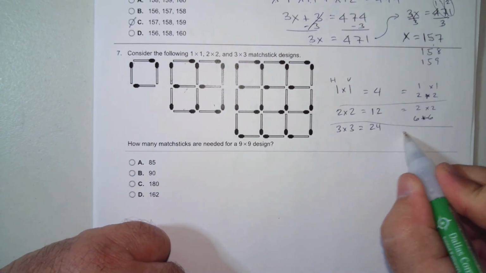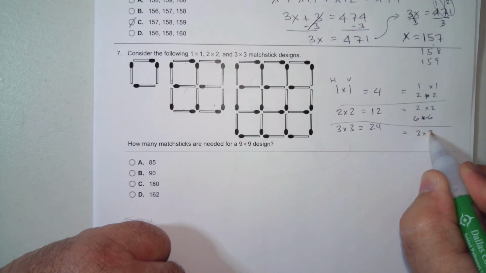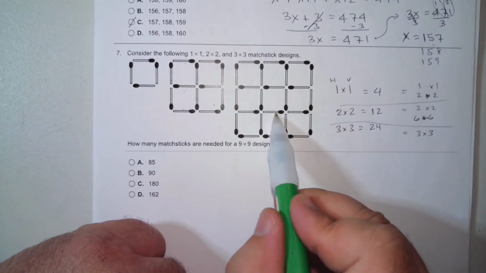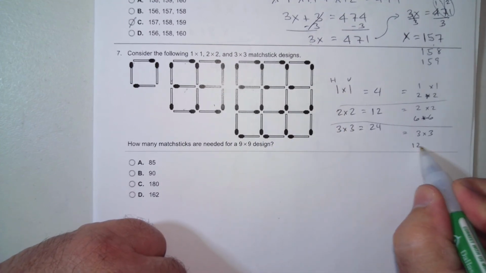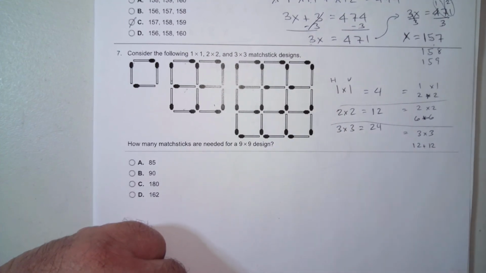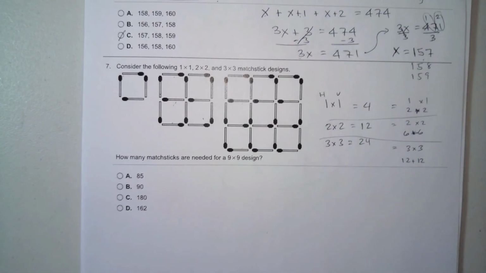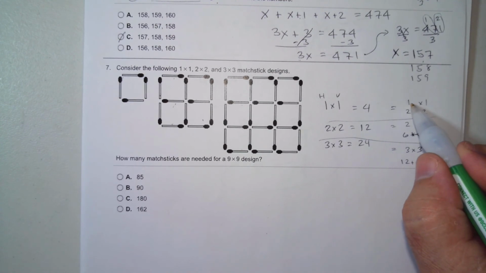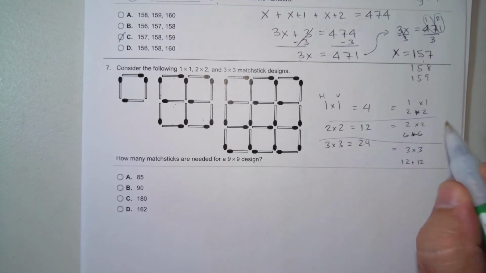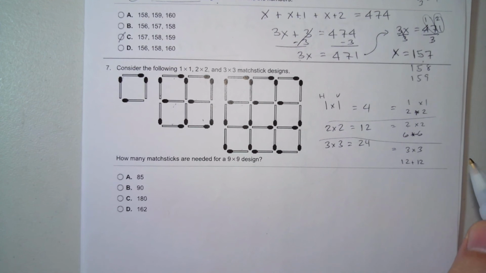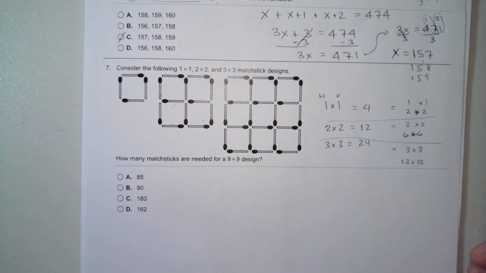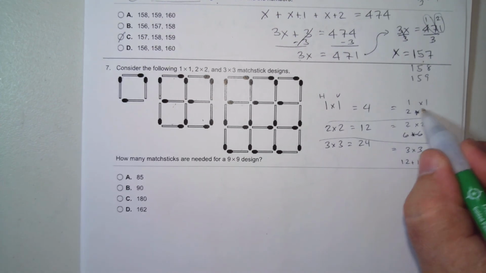Let's see if that works for the next one. So 1, 2, 3, 4, 5, 6, 7, 8, 9, 10, 11, 12. This is 12 plus 12 is 24. Okay, we're getting closer. We're seeing a pattern here. So how do we go from 1 to 2, 2 to 6, 3 to 12?